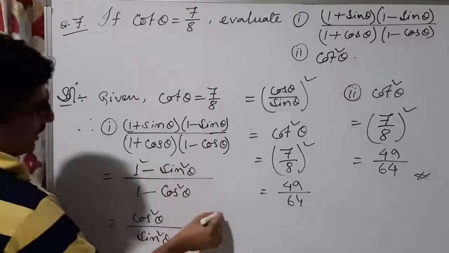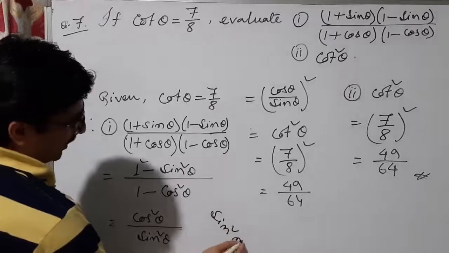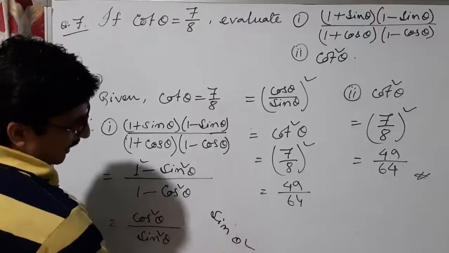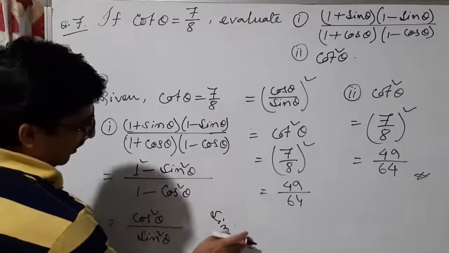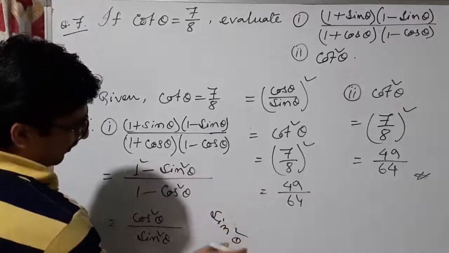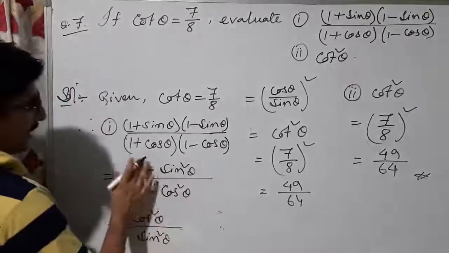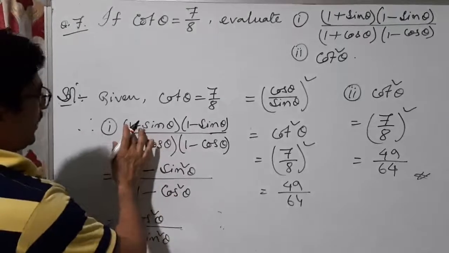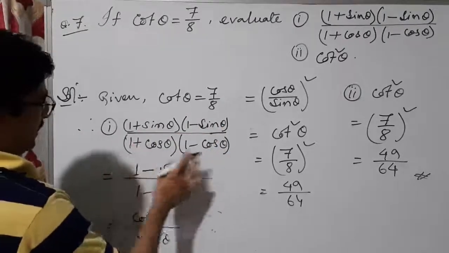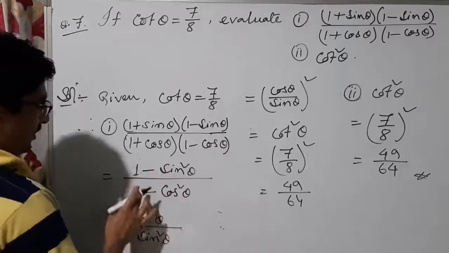Sin square theta is to be written. Sin theta square has a different meaning actually, so square means we have to give the square here. Then this is 1 minus sin square theta by 1 minus cos square theta. Very simple: a plus b, a minus b is a square minus b square. 1 square itself is 1.